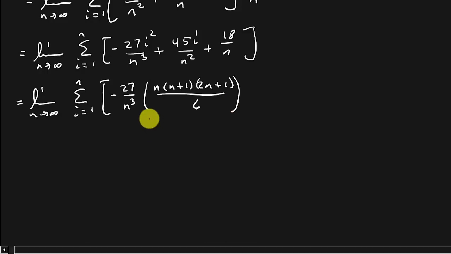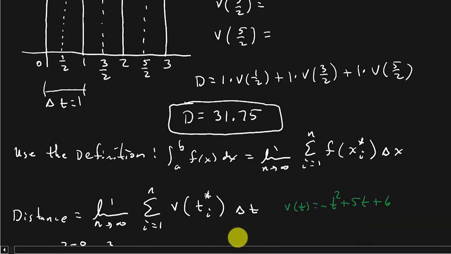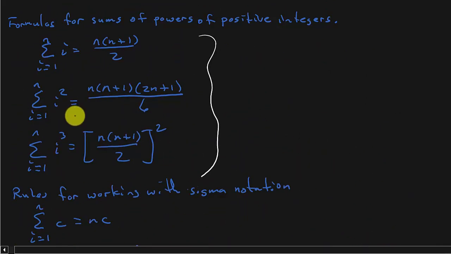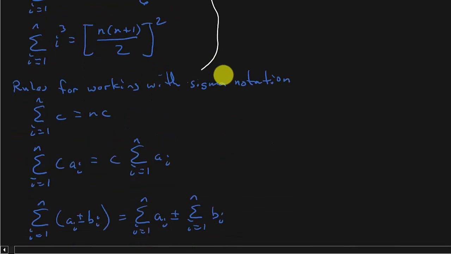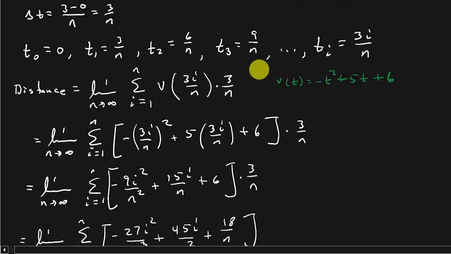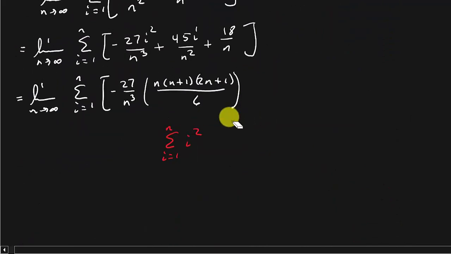Well, this right here is the sum as i equals 1 to n of i squared. You remember that from right here. See that? That's the sum of i squared. And then we're going to have a sum of i also, so I'll use this. And then we'll also be using this one, c times n, for the last one. So let me erase that.